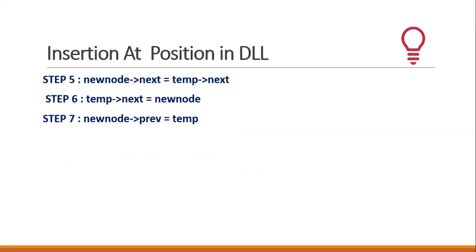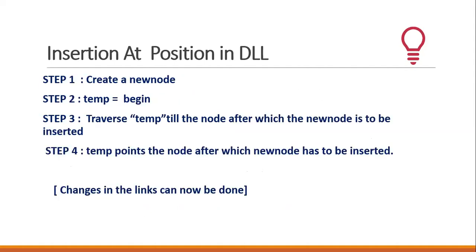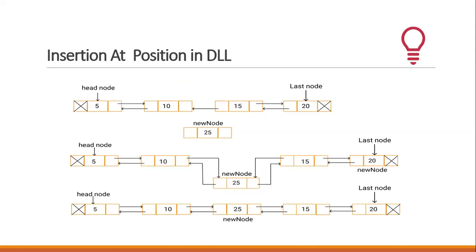Once these things are done, you are in a situation to insert at a position somewhere inside the linked list. Once again, we have to go to the place where we have to insert our new node. We signify that place as temp. That was connected to a different node, but now the new node should connect to it.